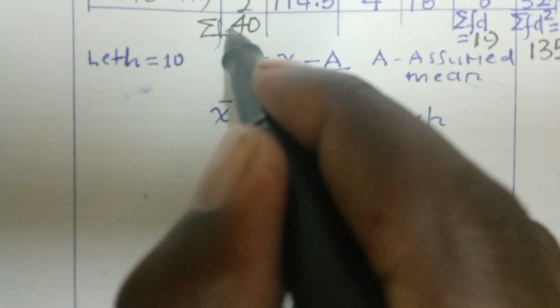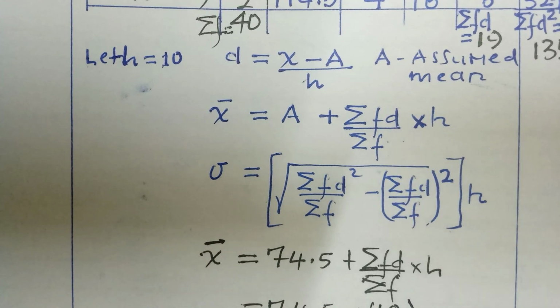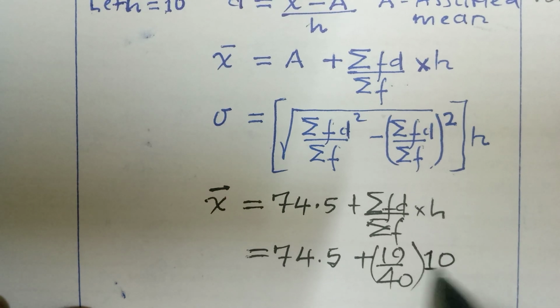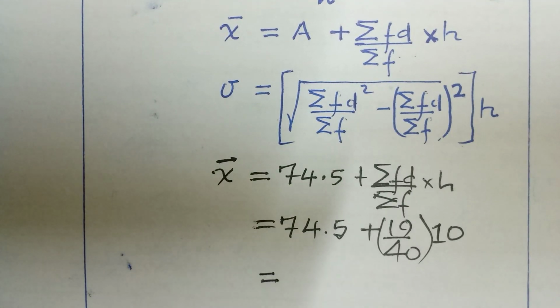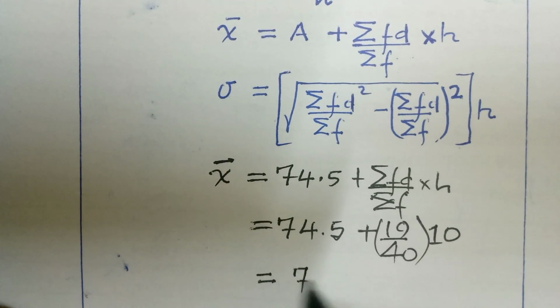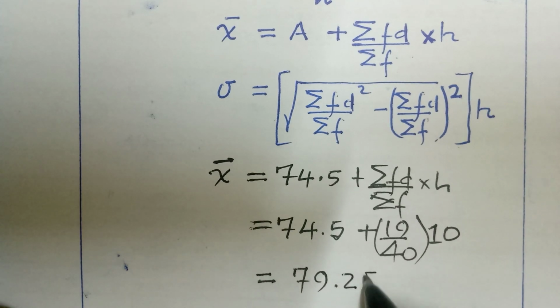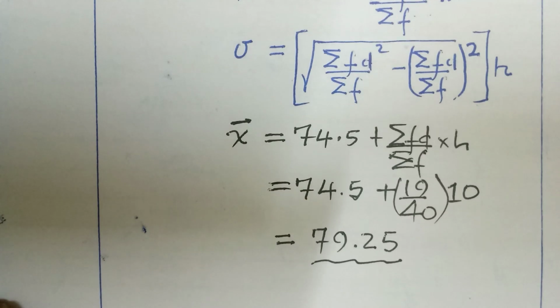This is the summation of frequency, which is 40. You multiply by 10. So this one gives us, after calculation, the answer comes to 79.25. So guys, that is our mean.